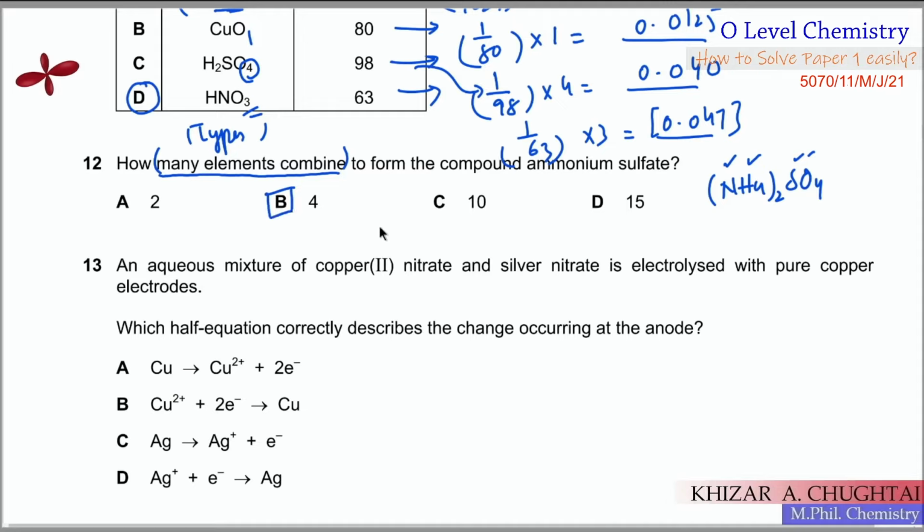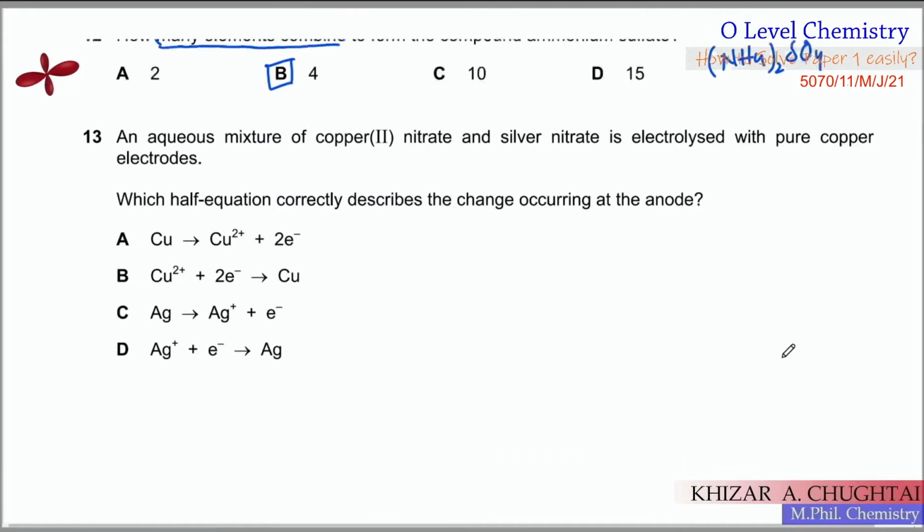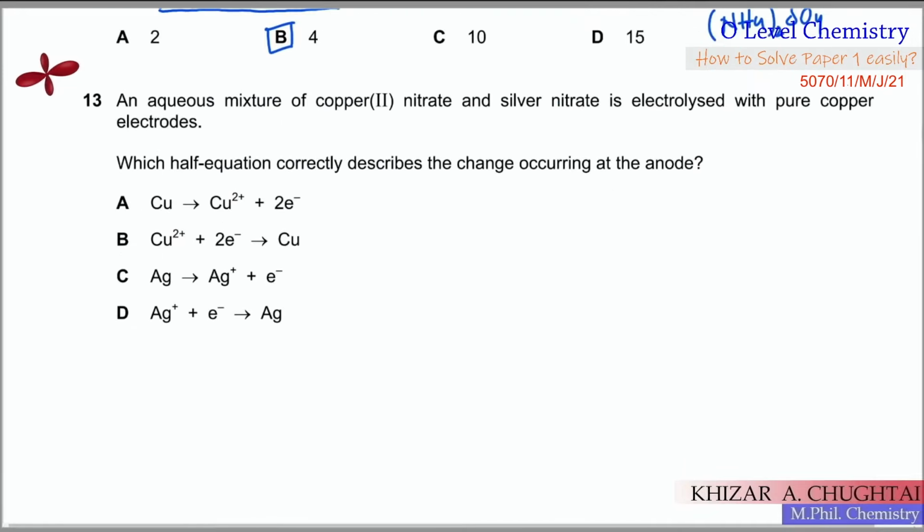Question number 13. An aqueous mixture of copper(II) nitrate and silver nitrate is electrolyzed with a pure copper electrode. Which half equation correctly describes the change occurring at the anode? I'm going to draw a diagram for this whole mechanism.